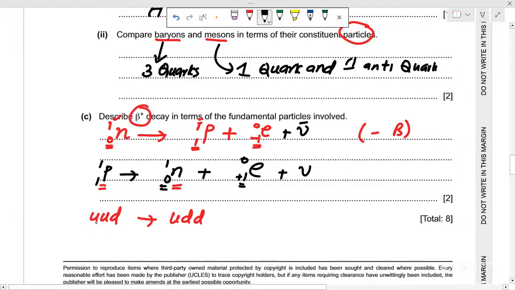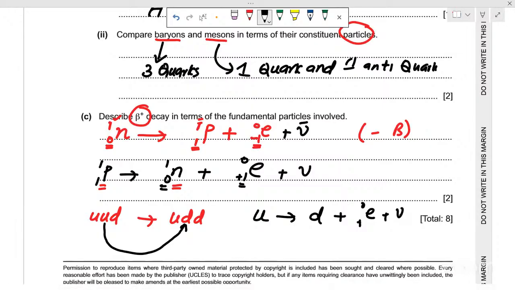If you compare two up, one down to one up, two down, up is converted to down. So up quark changes to down and beta positive is emitted.